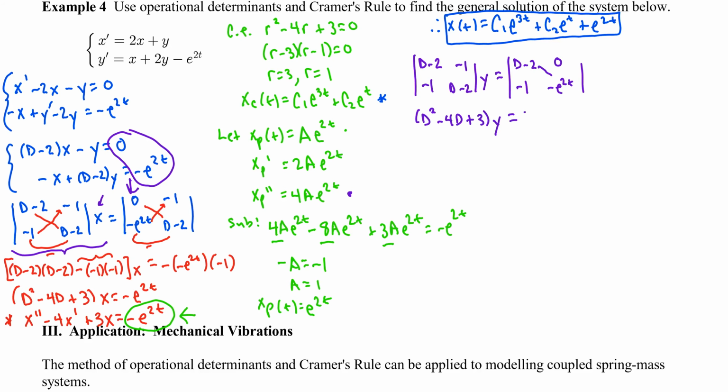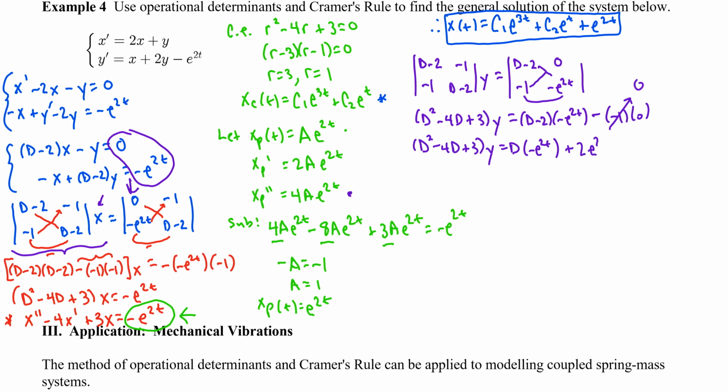So forward diagonal product is d minus 2 times negative e to the 2t. We're going to subtract our reverse diagonal product, which turns out to be 0. So doing a little bit of algebra over here on the right side, we get d times negative e to the 2t plus 2e to the 2t.